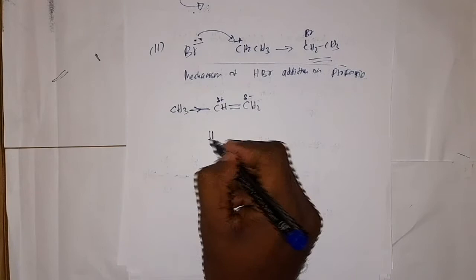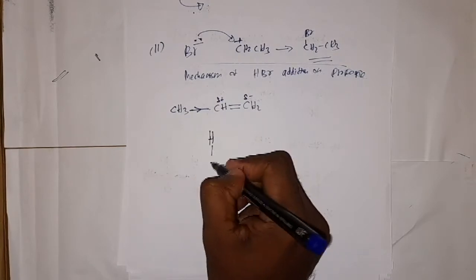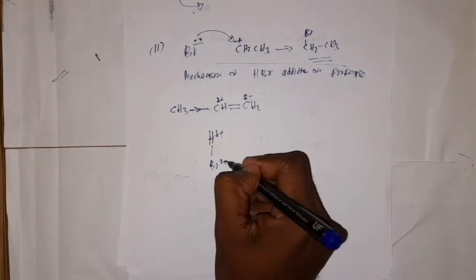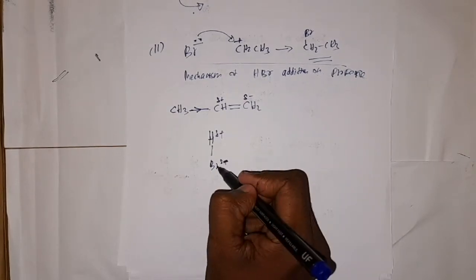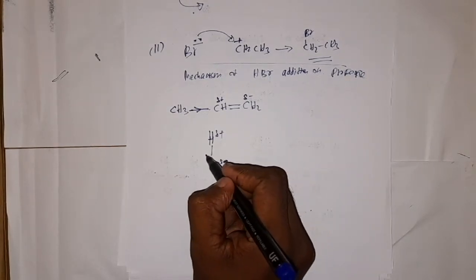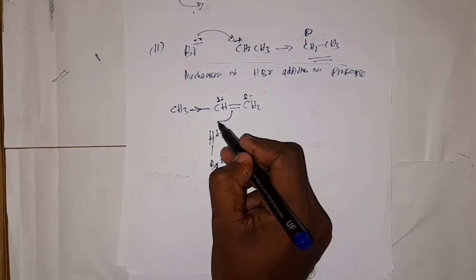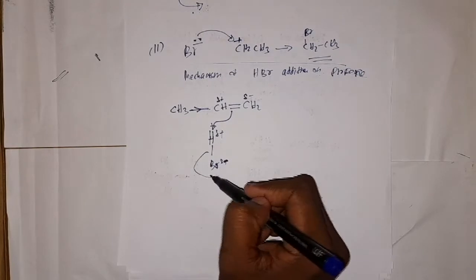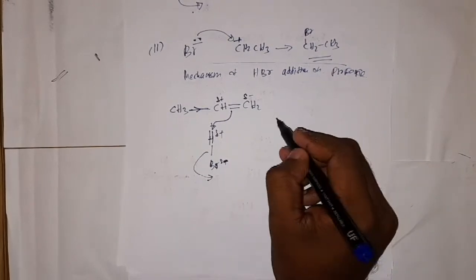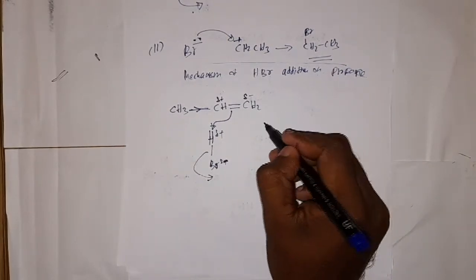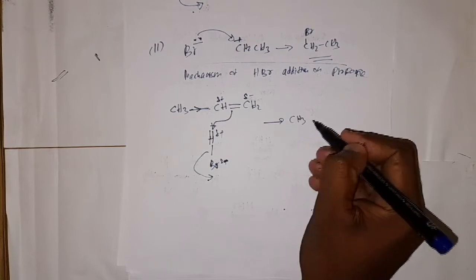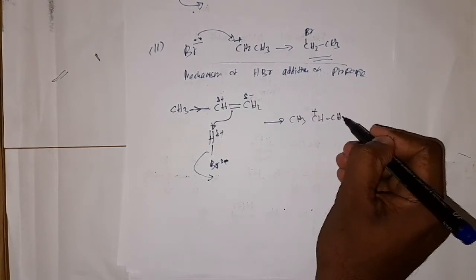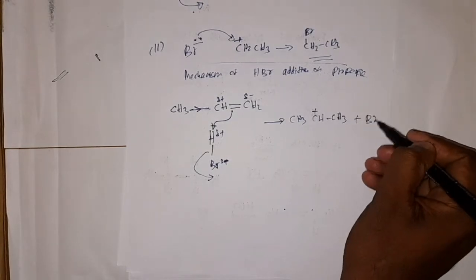So HBr here has delta plus and delta minus, delta minus on bromine due to electronegativity and polarizability. Therefore there is attraction on this carbon by this electron cloud, and here the bond breaks to this side, and the final result is CH3 CH plus and CH3 plus Br minus.